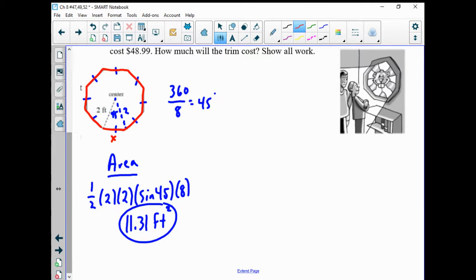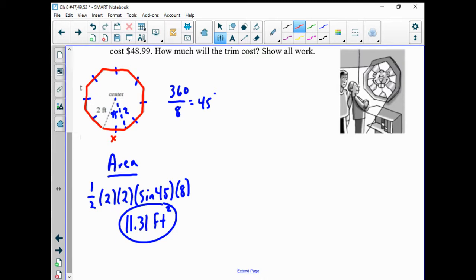I could create one if I wanted to. But we have other options whenever we don't have a right triangle. One of those is the law of sines. Well, the law of sines, remember, we need an angle and the side across from it. Well, to start with, I've got an angle, but I don't know the side across from it. But I could find those 2 other angles because it's an isosceles triangle.